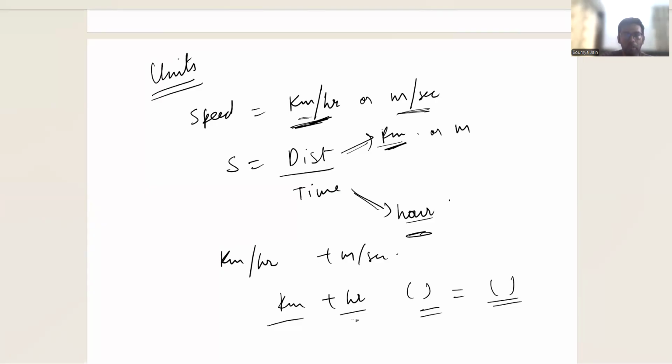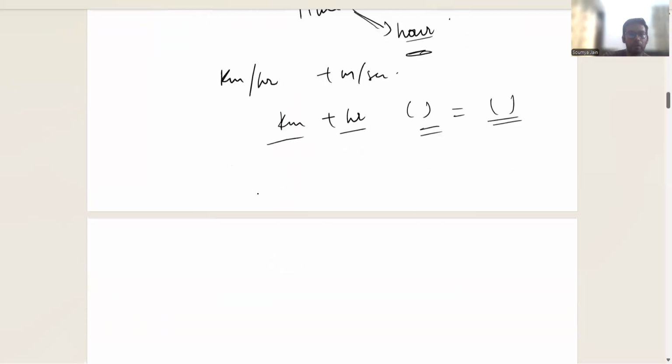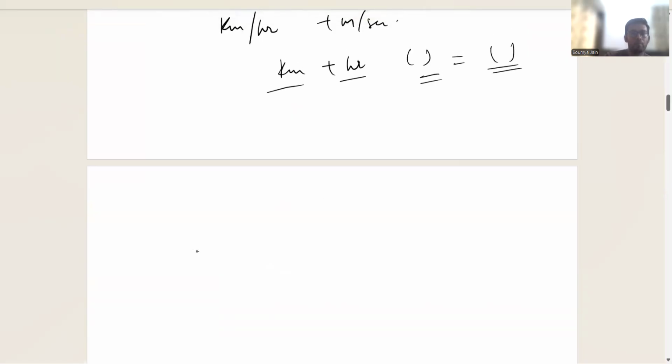Now, since we are talking about the units, let's see what is the relationship between meter per second and kilometer per hour. If I want to convert this kilometer per hour into meter per second, it is very easy and simple.